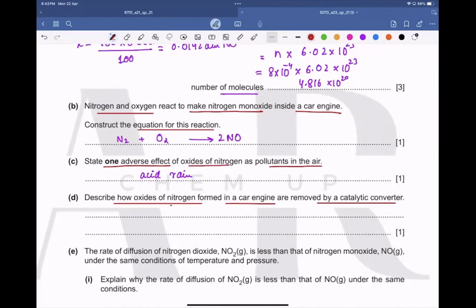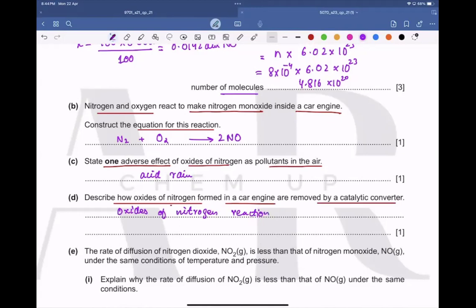Yeah, but with which substance does it react? How does it react? If you recall the equation, the nitrogen monoxide is reacting with carbon monoxide. Yes, Hania, very good. So oxides of nitrogen, no, it's a catalyst, Khatija.